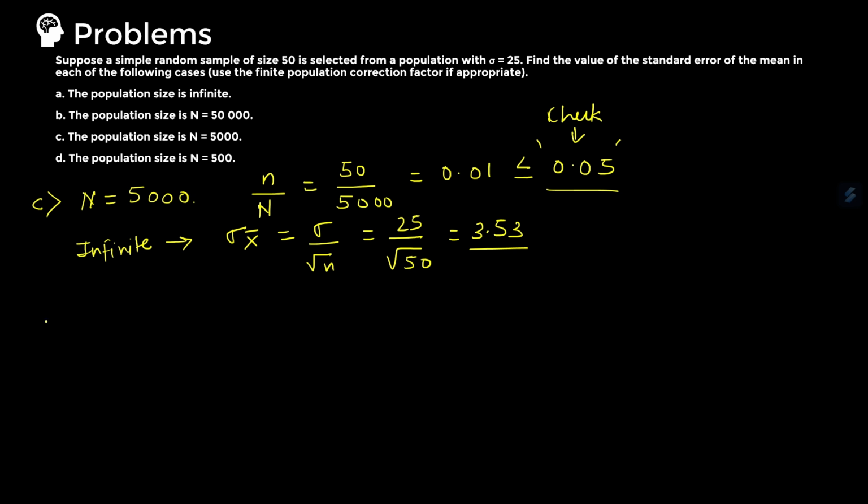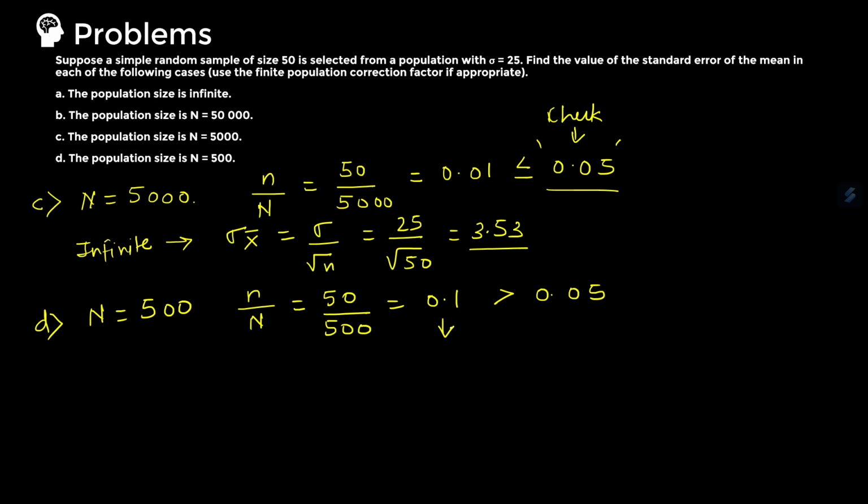Okay, so the last question is D. Here the population size is given as 500. So let's check it with the help of population correction factor. We have sample as 50 and population size as 500. So this comes around 0.1, which is greater than 0.05.